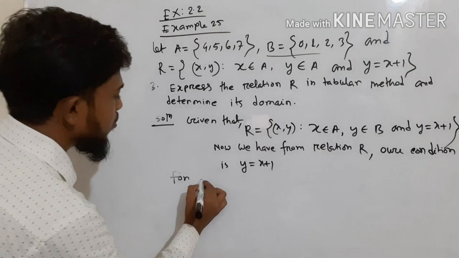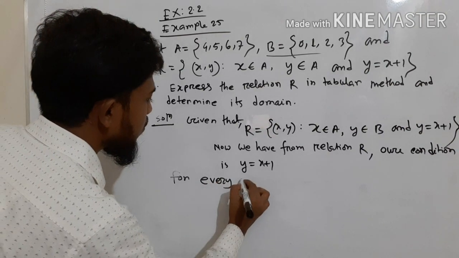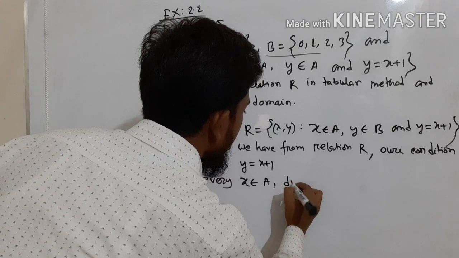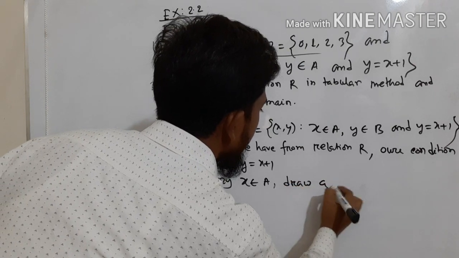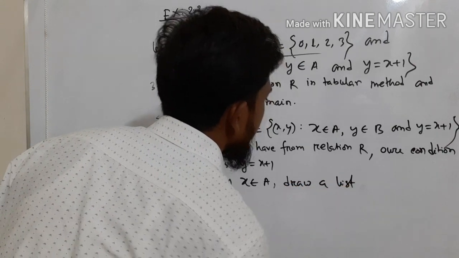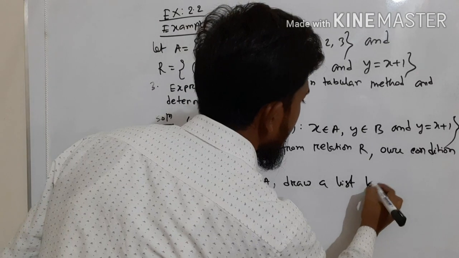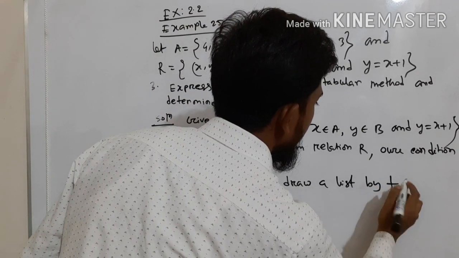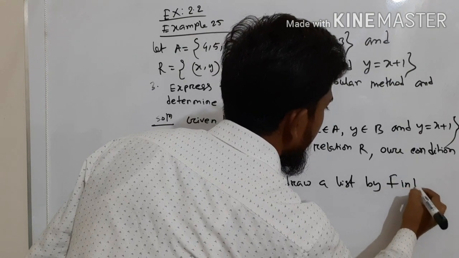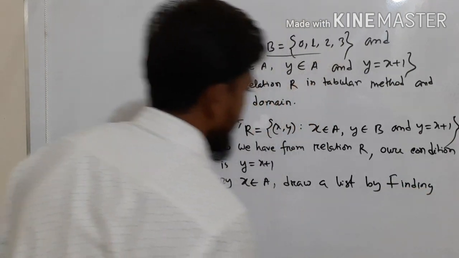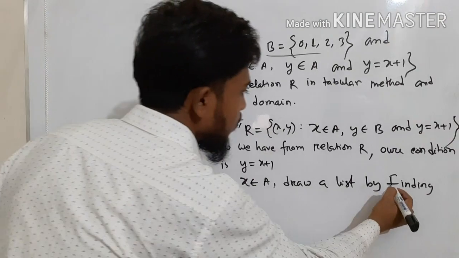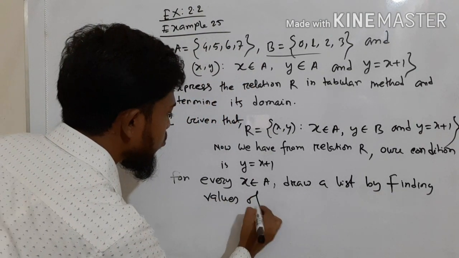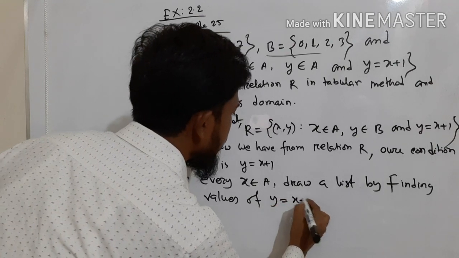Now for every x in A, list by finding the values of y equal to x plus 1.